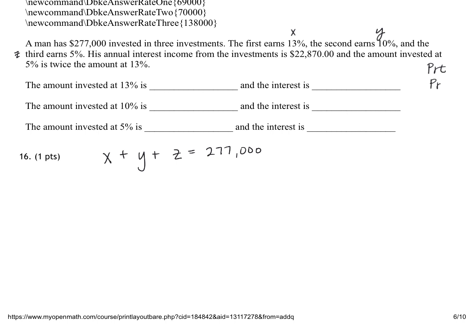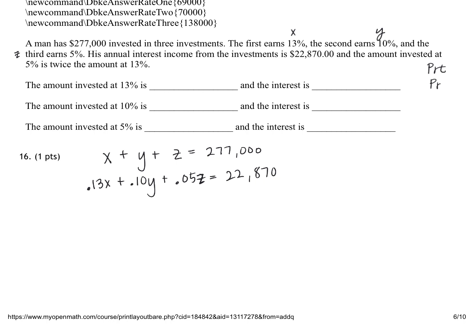The principal he invested at 13% is X, so it would be 0.13X, because that's the interest rate for X. It would be 0.10Y and 0.05Z. So that's the interest he's earning on each of these accounts, and the total interest is $22,870.